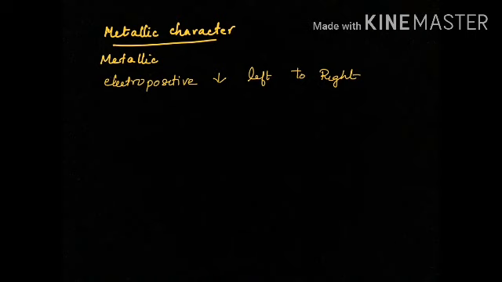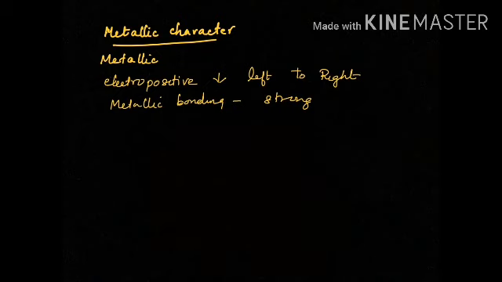And the metallic bonding in a transition element is very strong. What are the main reasons for the strong metallic bonding in transition elements? It is because of the greater effective nuclear charge.